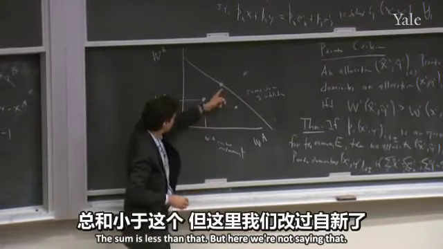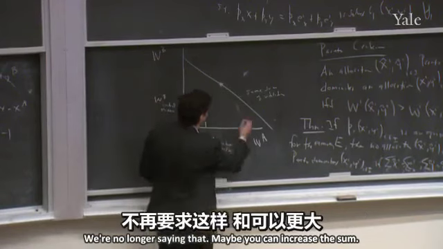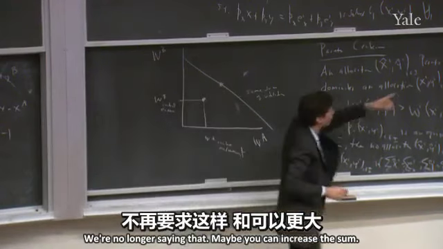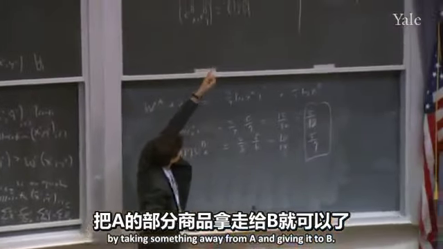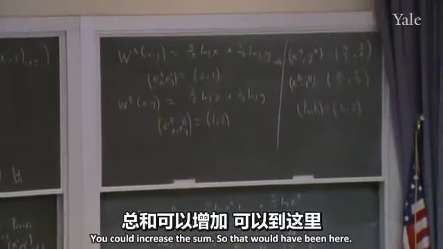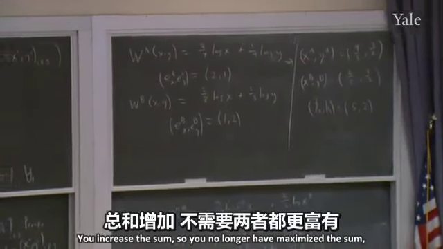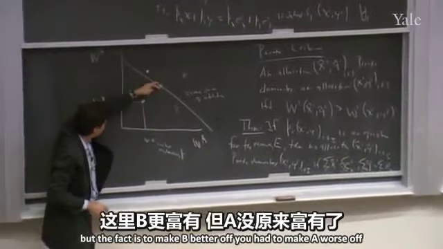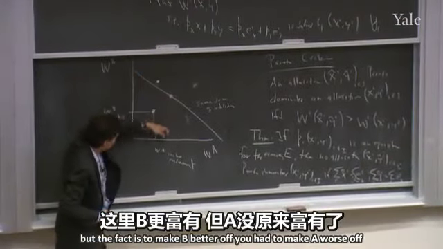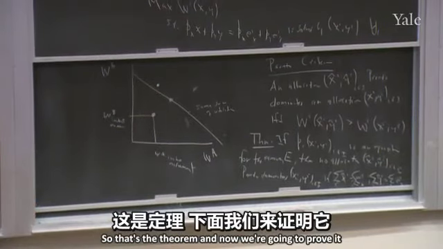The sum is less than that. But here we're not saying that. We're no longer saying that. Maybe you can increase the sum. From this equilibrium, you could increase the sum by taking something away from A and giving it to B. You could increase the sum. Okay, so that would have been here. You increase the sum. So you no longer have maximized the sum, but the fact is, to make B better off, you had to make A worse off. And that's the new criterion, Pareto efficiency.